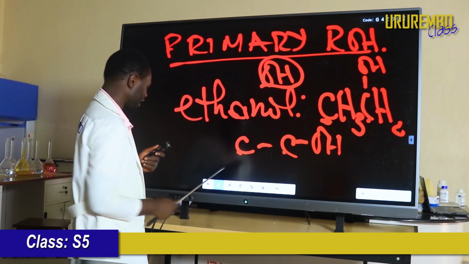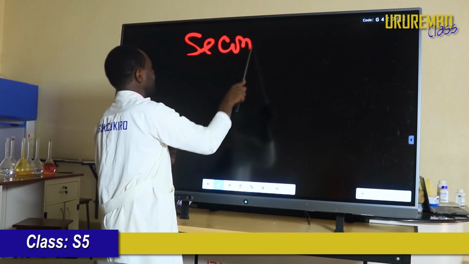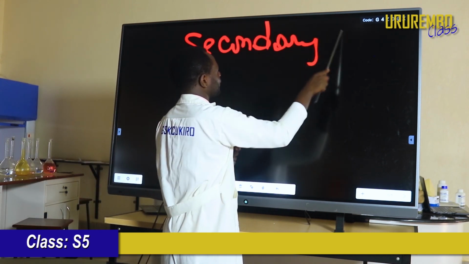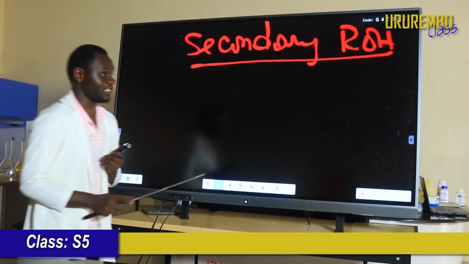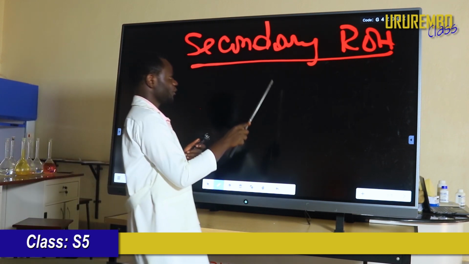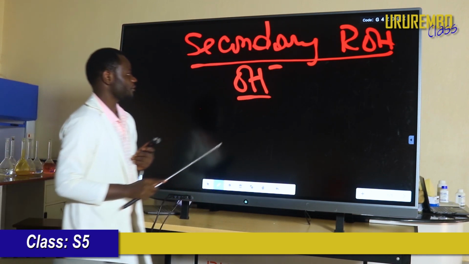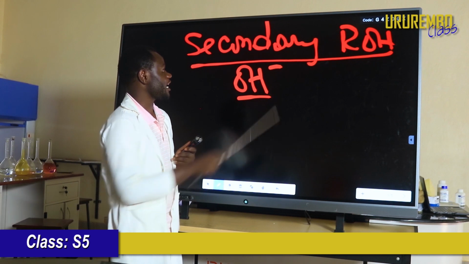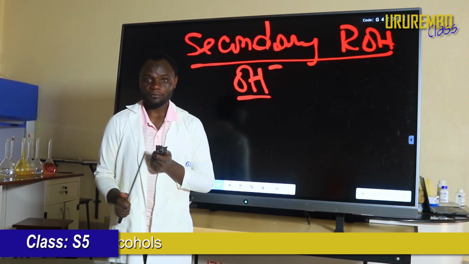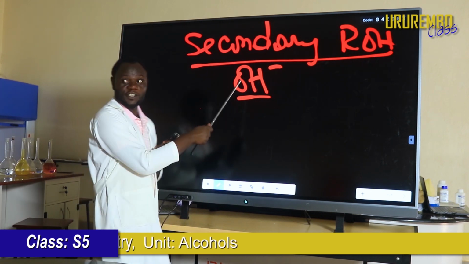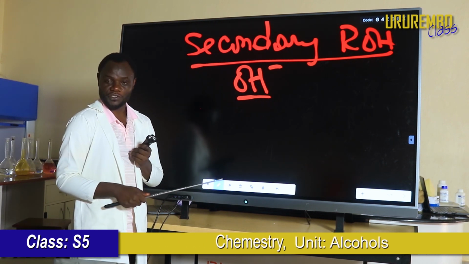So we are going to see another class of alcohol, which is called secondary alcohol. This secondary alcohol also contains the OH group or hydroxide group. The OH group is the general characteristic of alcohol. So for secondary alcohol, the carbon carrying this OH is directly attached to two other carbons.